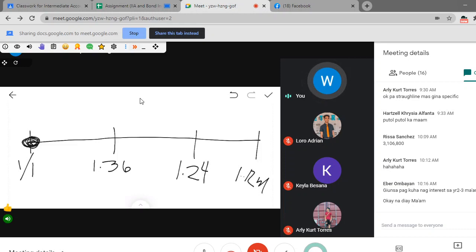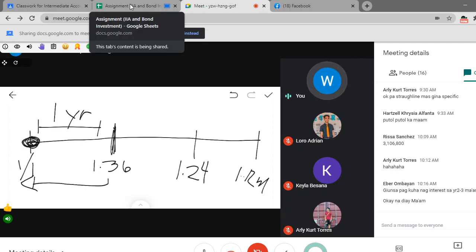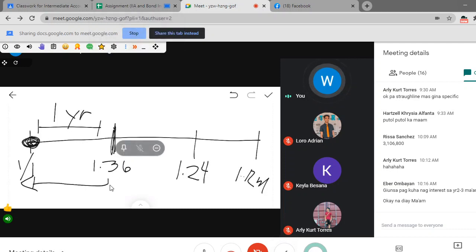Kanus-a daw nato madawatan ang 1.36? That's 1 year after. It's 1 year. Therefore, ang present value factor nga atong gamiton is for 1 period. Work back dyan, 1 period. That's why we multiply the 0.91 dito sa 1.36. So, we use 0.91.